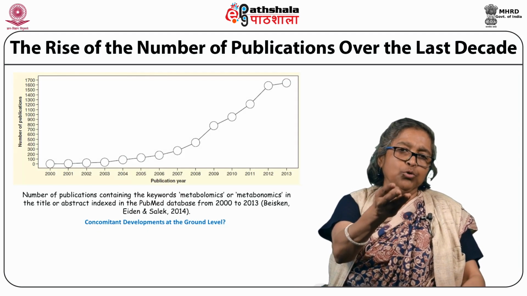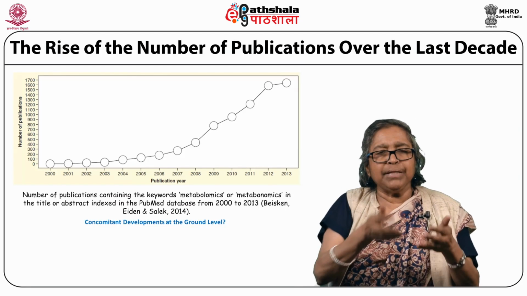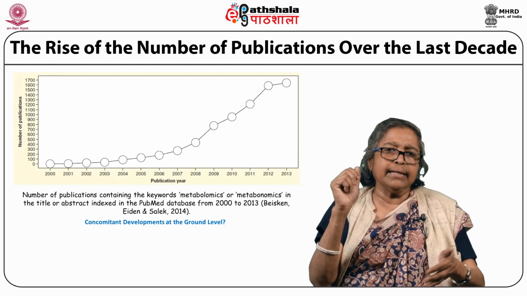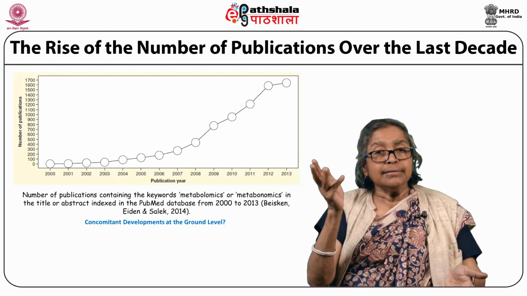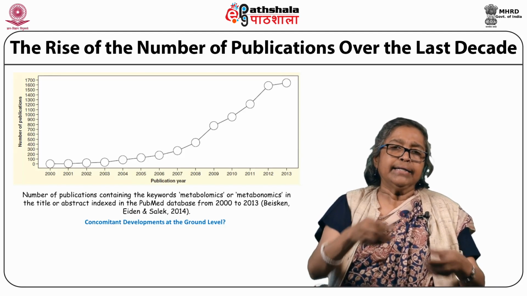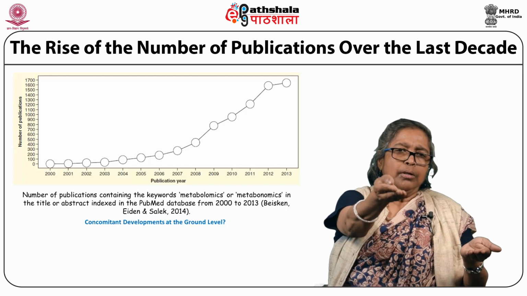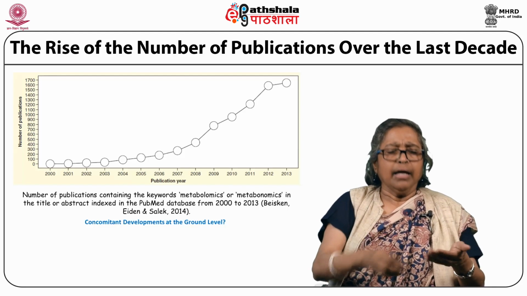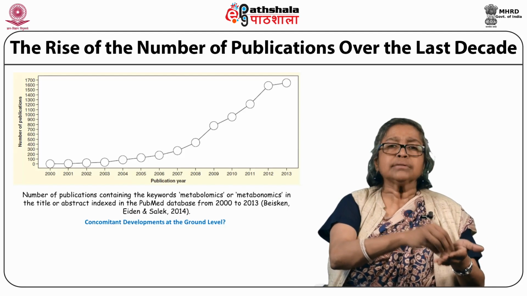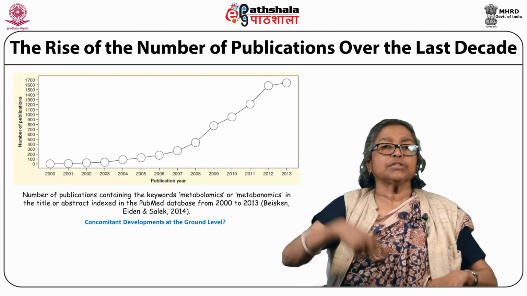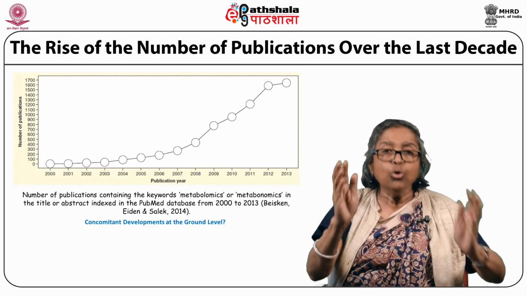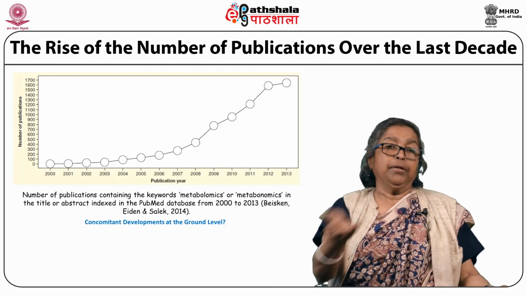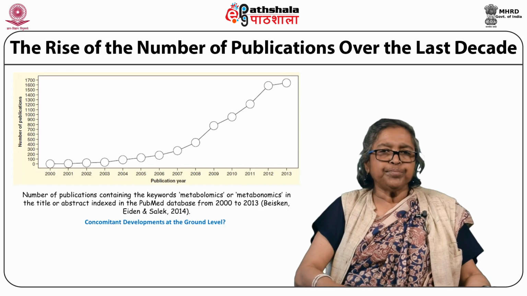If you look at the publication profile, there has been an exponential growth from 2000 to almost 2013. The reason behind it is that it has vital, important tools like HPLC, MS, etc., technology, which has made it a good platform for metabolomics identification in plants as well as in humans.